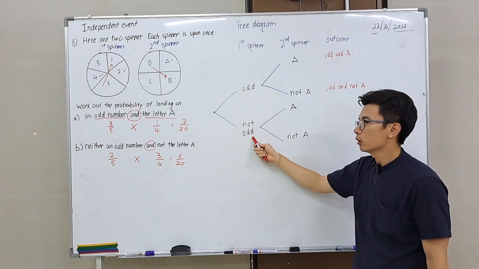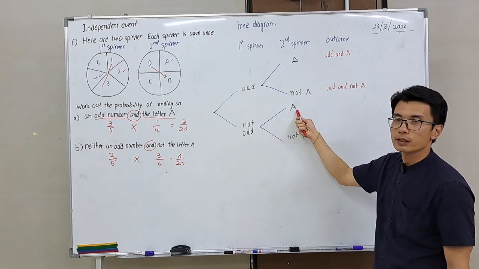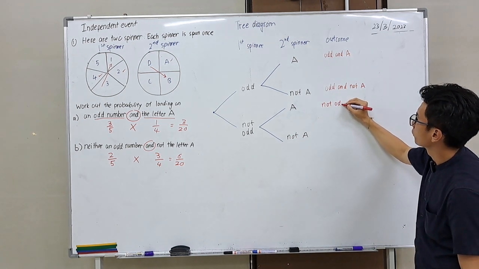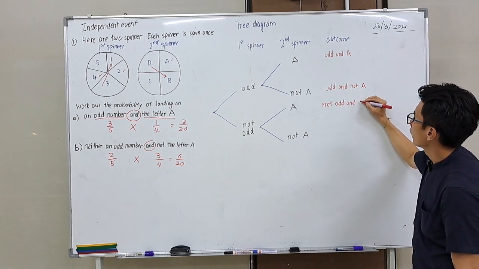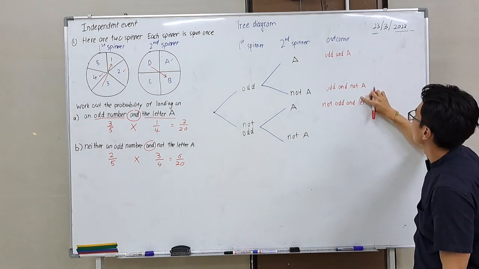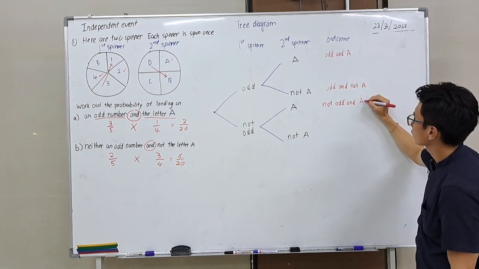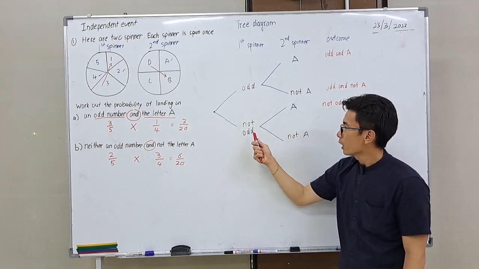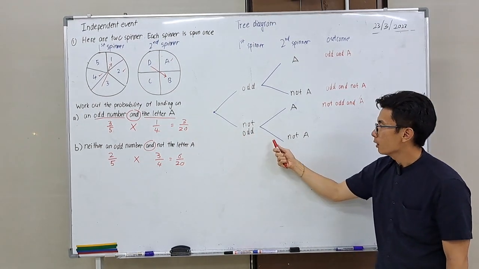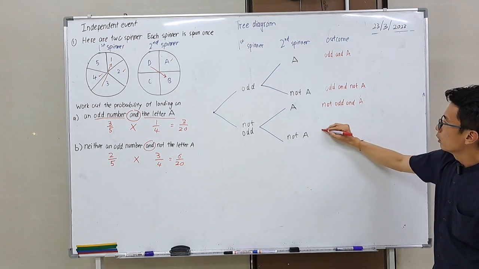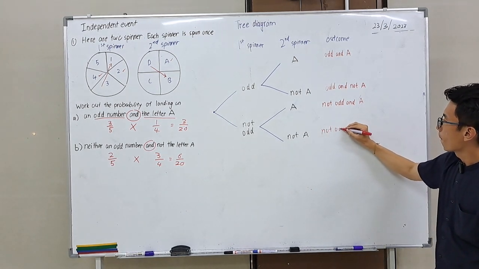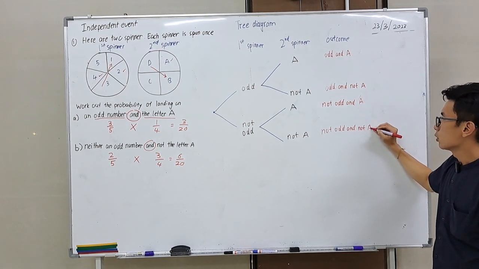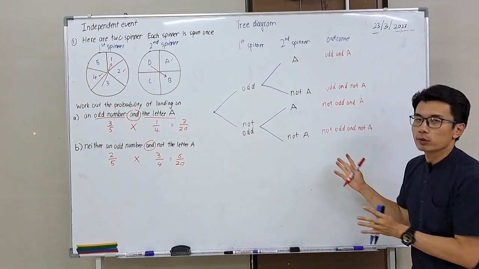I will get not odd and the letter A. So that's my third outcome. And finally, what's my last outcome over here? I will get not odd and not A. Okay? So these are all my possible outcomes.